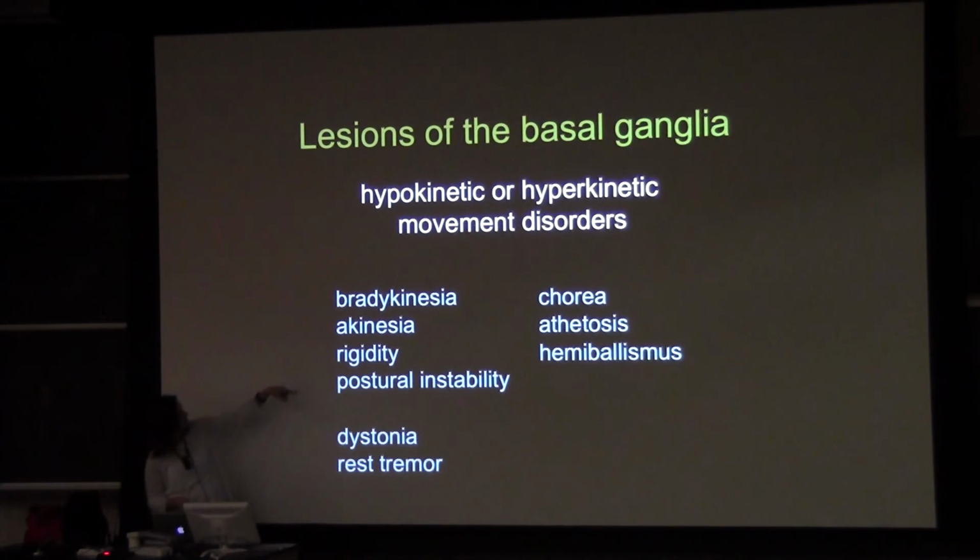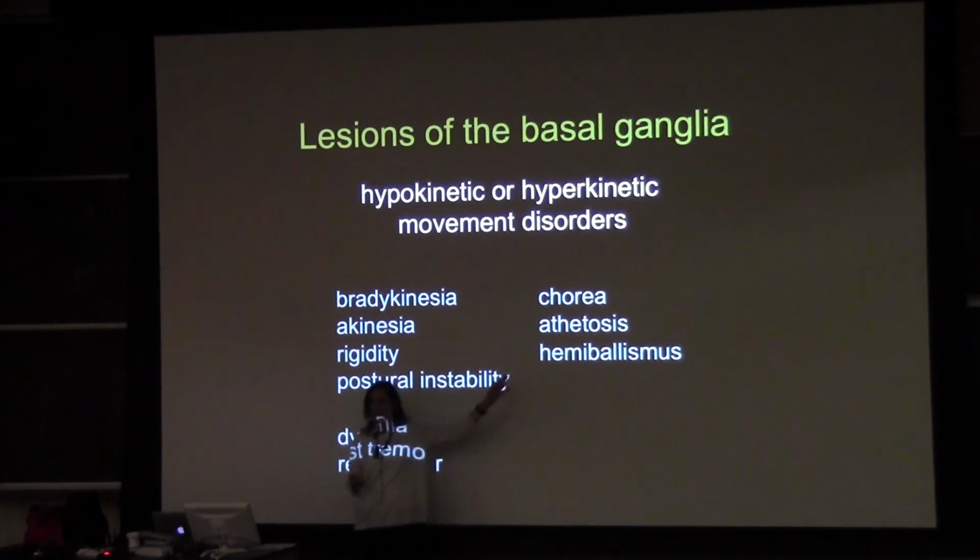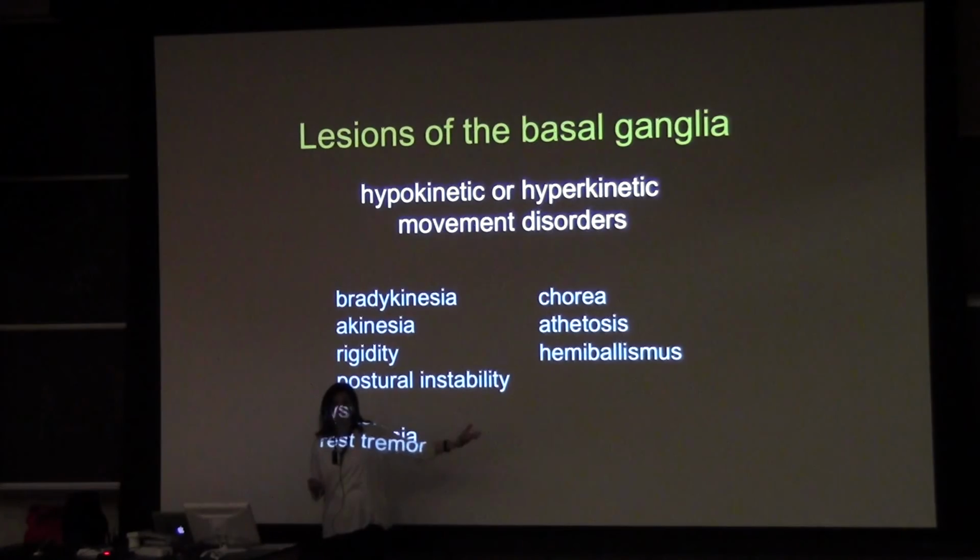Patients with Parkinson's disease also get postural instability, probably because they don't select the right muscles to be active in order to resist displacements of their posture. These are things that you see in Parkinson's disease, and I would call these hypokinetic. Now, in other diseases that affect the basal ganglia, you can get hyperkinetic disorders, too much movement.